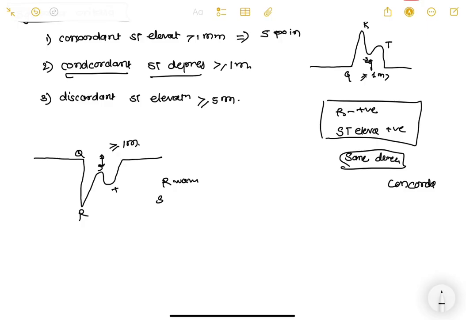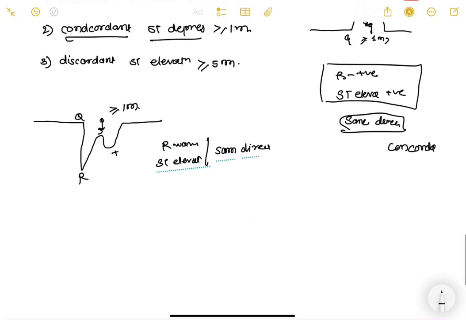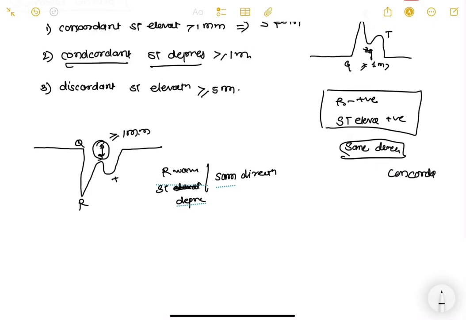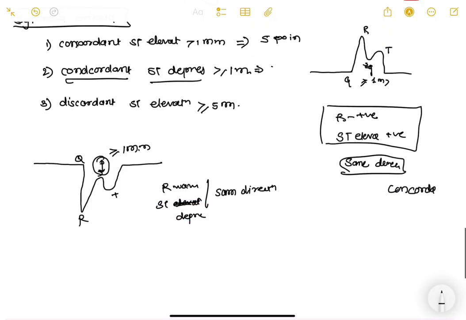R wave and ST depression in the same direction. So concordant ST depression. If there is more than or equal to 1 mm of concordant ST depression, then we will give 3 points.